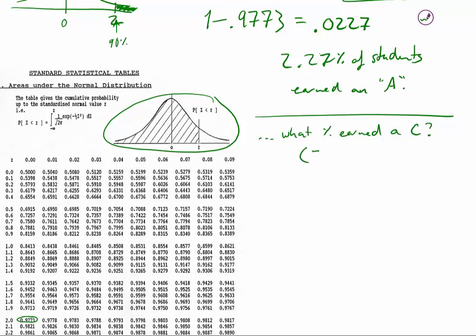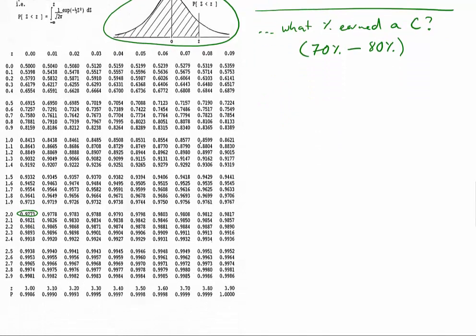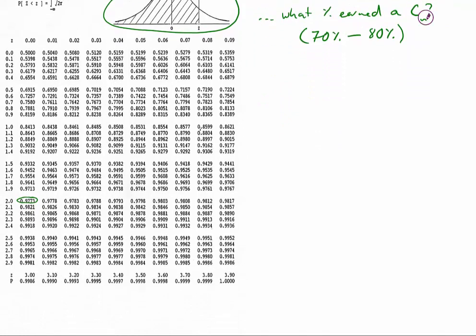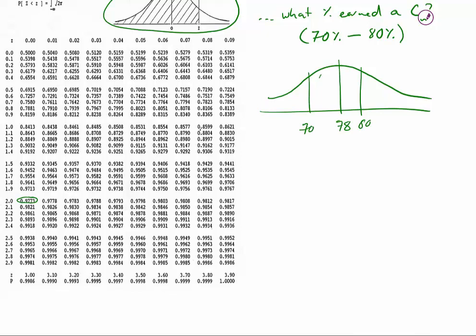We'll define C to be between 70% and 80%, because we can go right up to 80% and still get a C. So now we've got two different z-scores to worry about. If I draw a little normal curve here, I've got my mean at 78, and I see that 80% is going to be to the right, 70% is going to be to the left, and now I'm looking for this longer area.